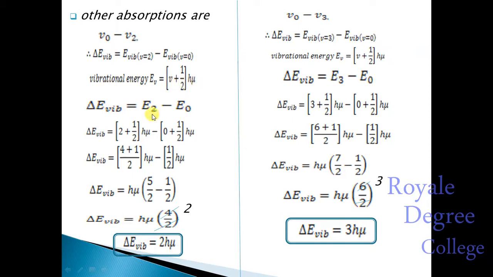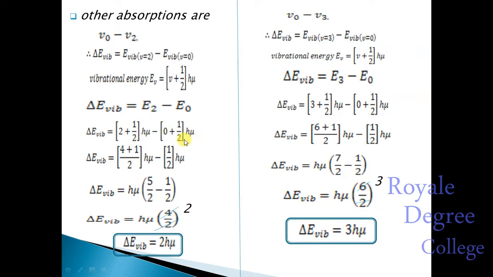So the change in vibrational energy is equal to the energy in the second excited state minus the energy in the ground state, which we write here. So delta E vibration is equal to, with V equal to 2 for the second excited state, (2 plus half) h mu minus (0 plus 1 by 2) h mu.